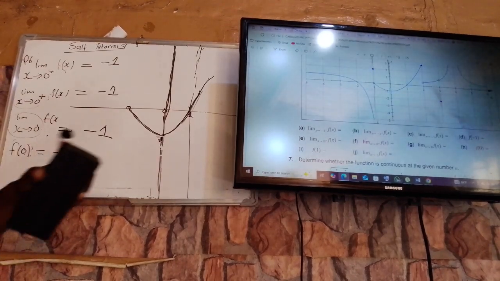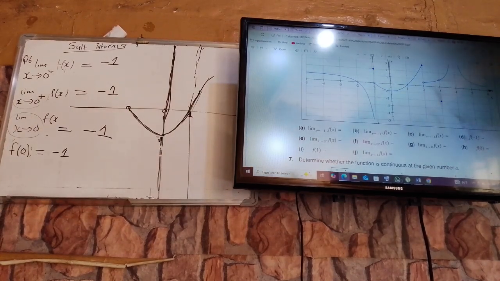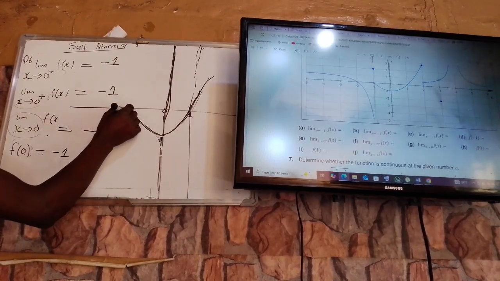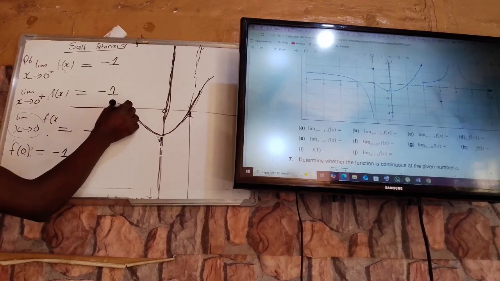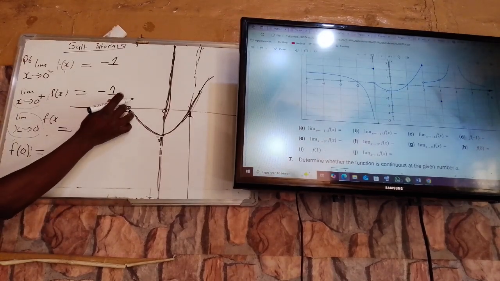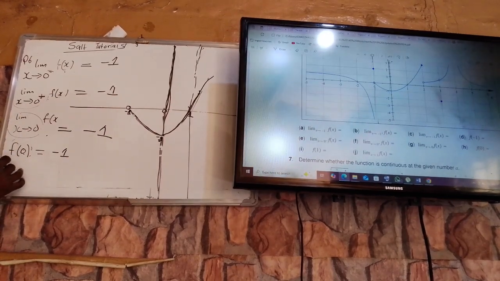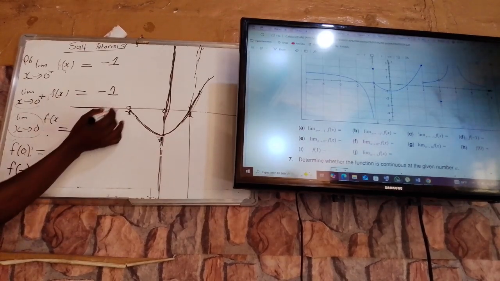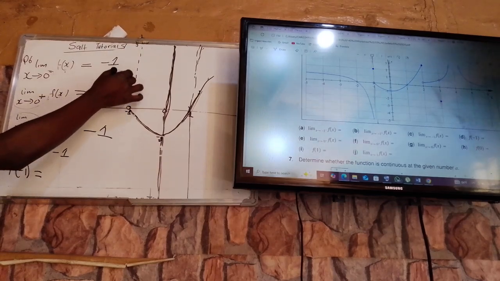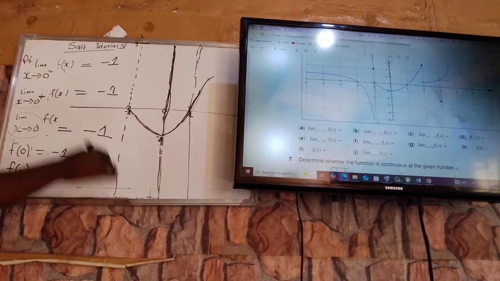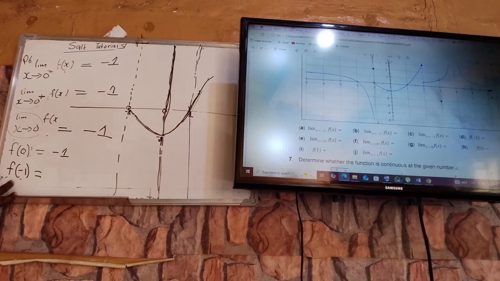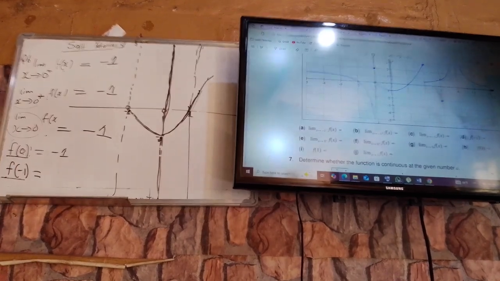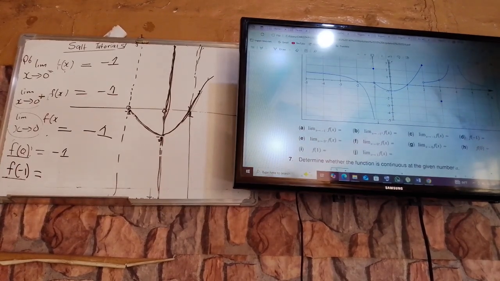But the previous one, I think we didn't find f of -1. F of -1 was here. This is an open circle. So at this particular point here, what is f of -1? You draw your line here at x equal to -1. The evaluation here should be a point which is continuous or shaded.